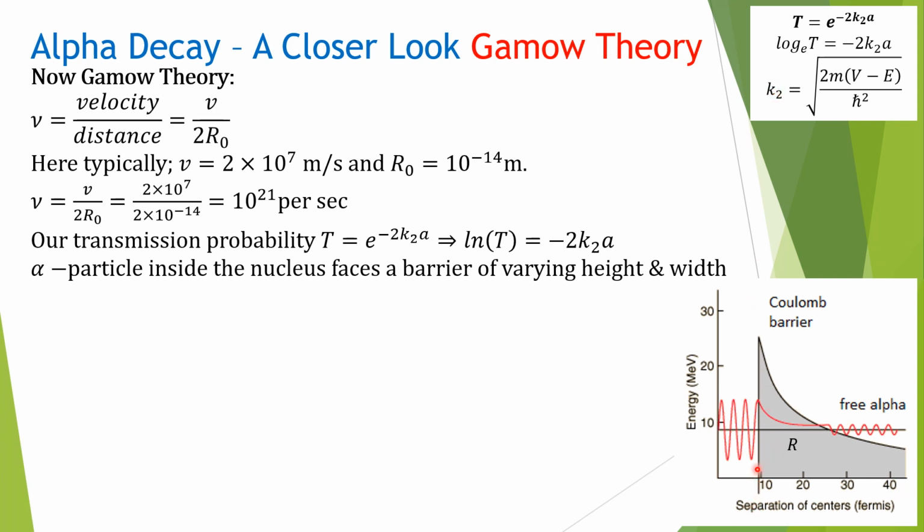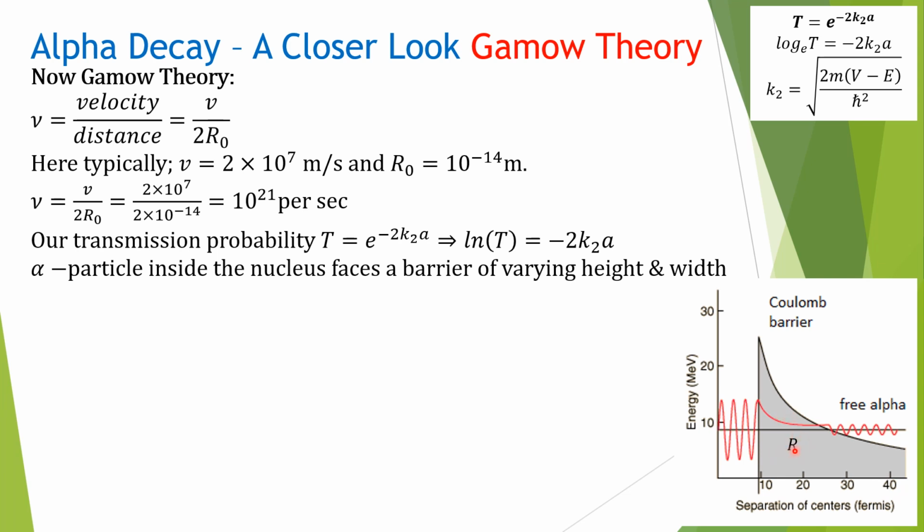Here you can see that the height of the retarding potential is changing while the thickness of the well is also changing.